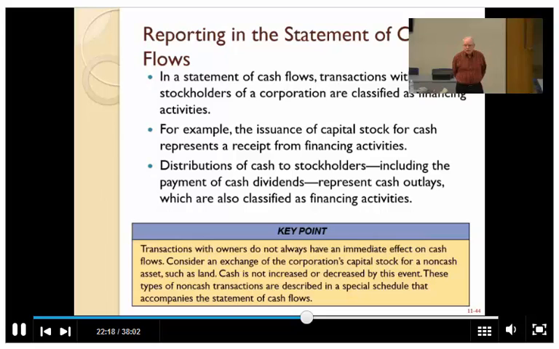When we retire common stock or treasury stock, it's disclosed in the financing section. And when we pay dividends to our own stockholders, it also shows up in the financing section.